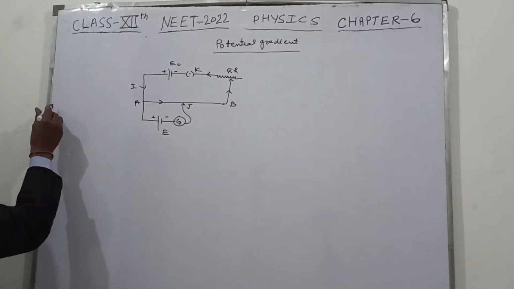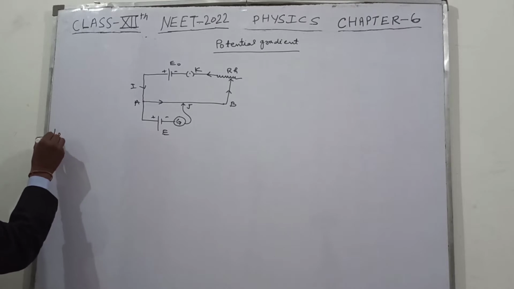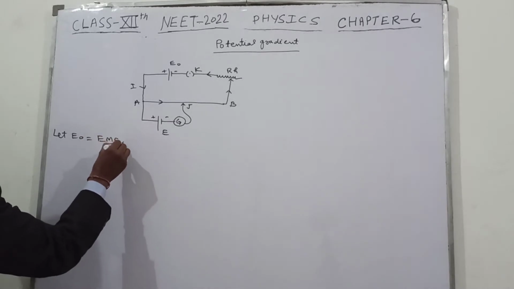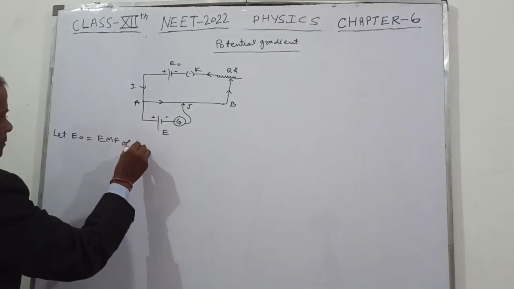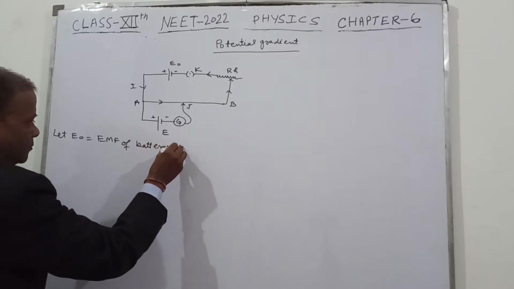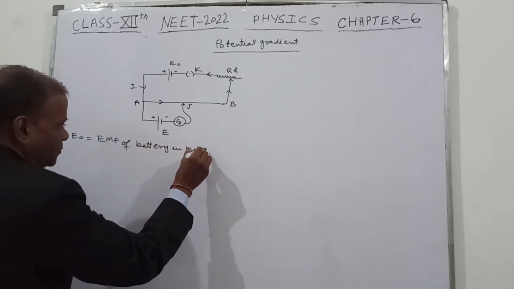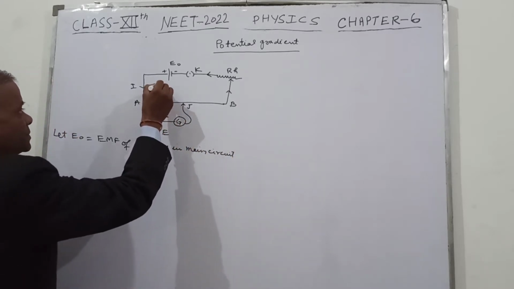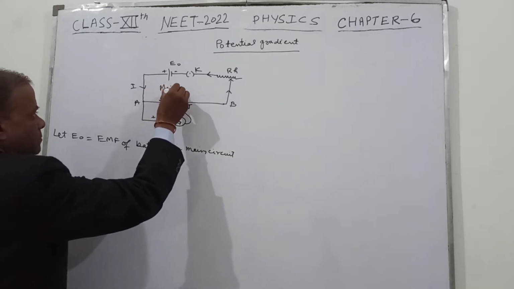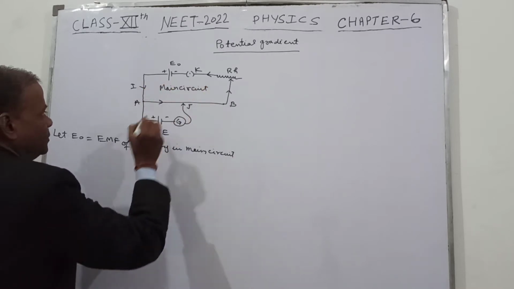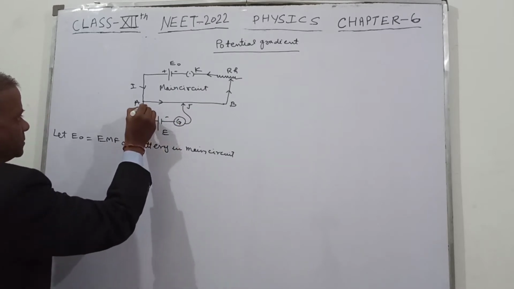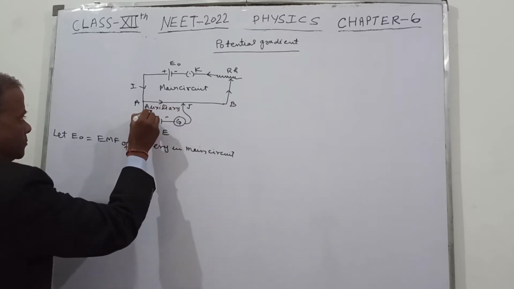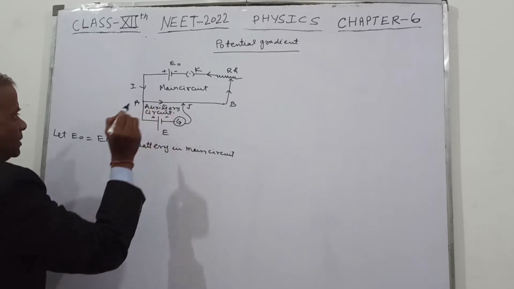Let E naught equal to the EMF of the battery in the main circuit. So this is the main circuit. This is now the auxiliary circuit.